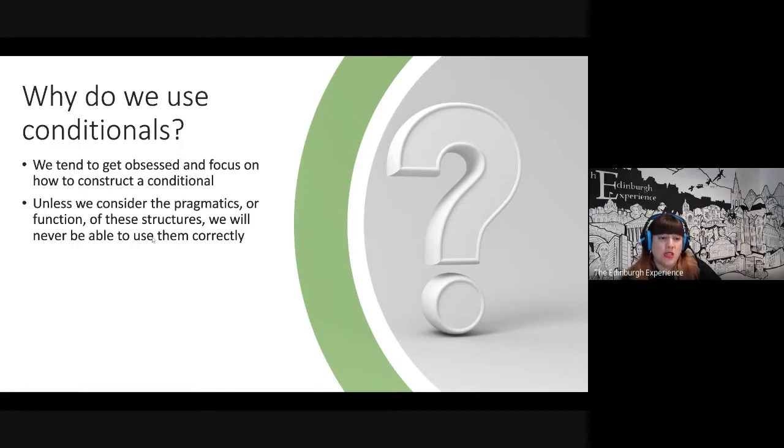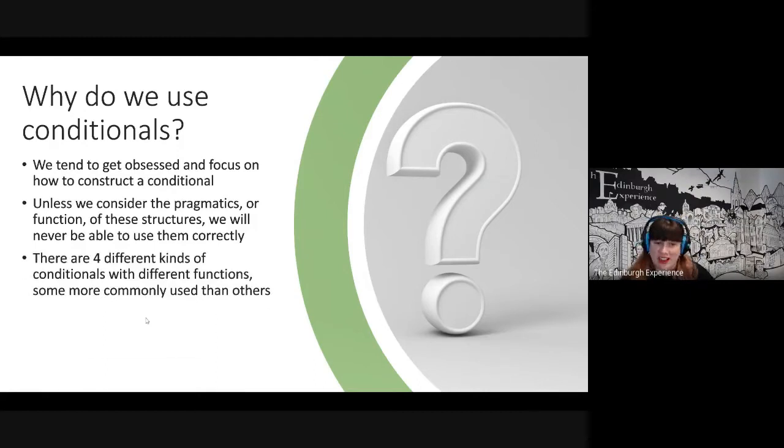If we don't consider the pragmatics of why we're using these structures, then ultimately you're never going to be able to correctly apply them, and you're just not going to be using natural language.